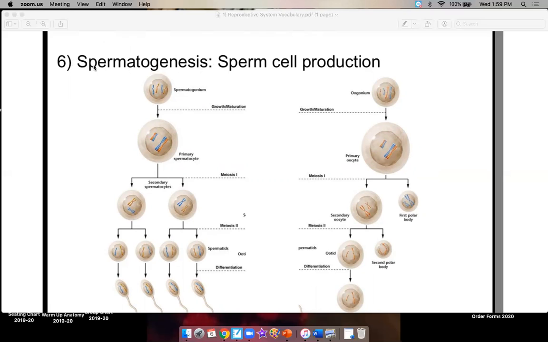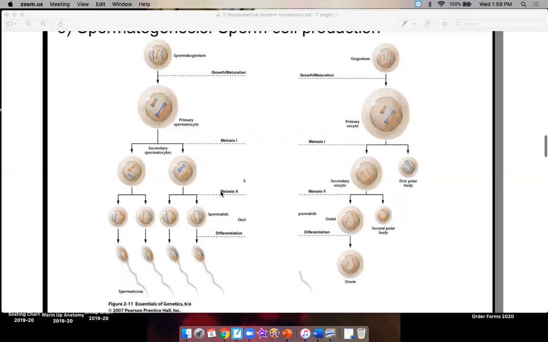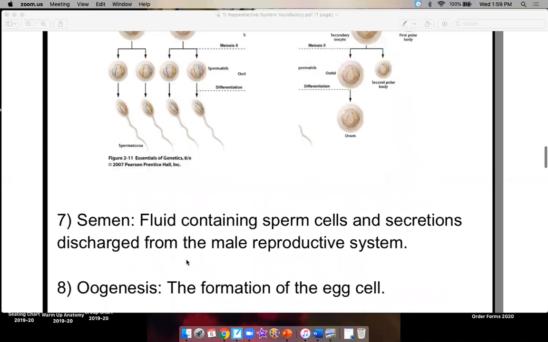So spermatogenesis is the creation of sperm. And this shows us meiosis of sperm. Over here is for women, ignore that for now. Over here, you can see that the one cell grows and then splits into two, and then they split further, and then you get 4 sperm out of that. More detail in the notes.